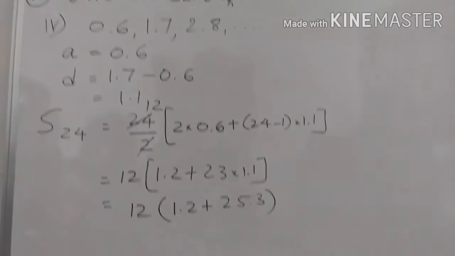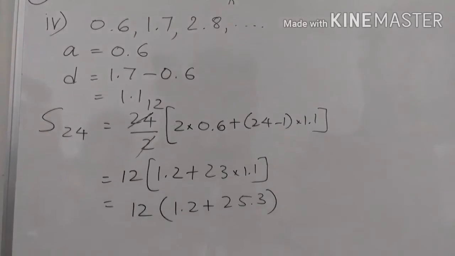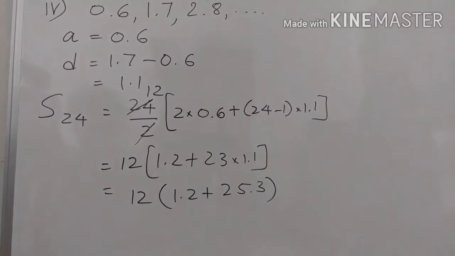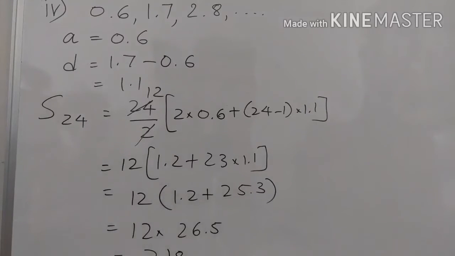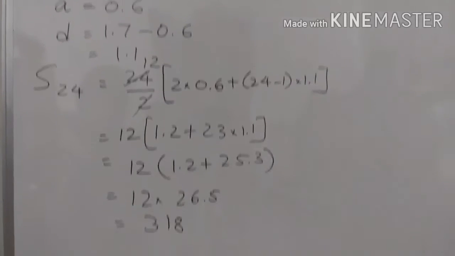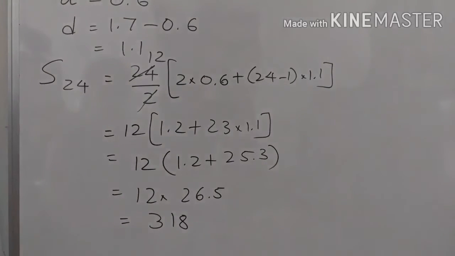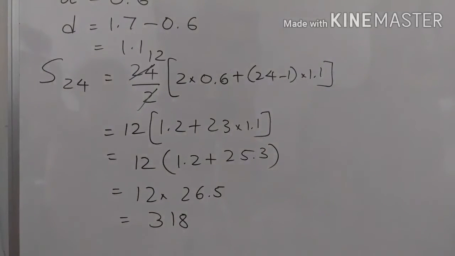Now adding in the bracket 1.2 and 25.3, I get 26.5, and now multiplying 12 into 26.5, the answer is 318. So this is the final answer we found for question number 4.